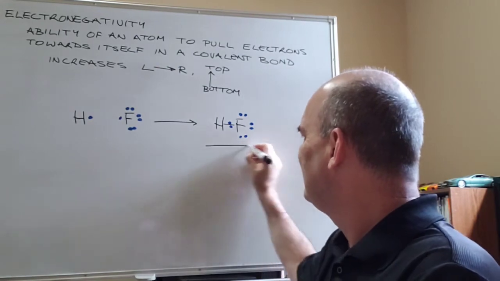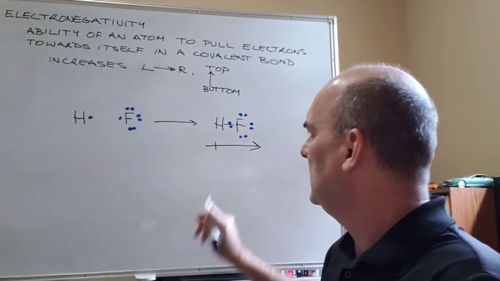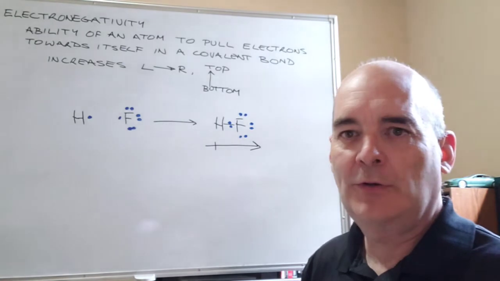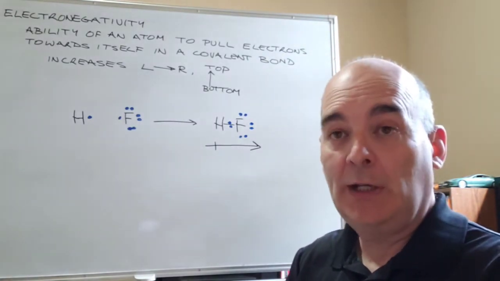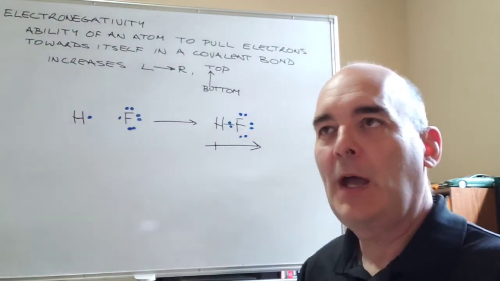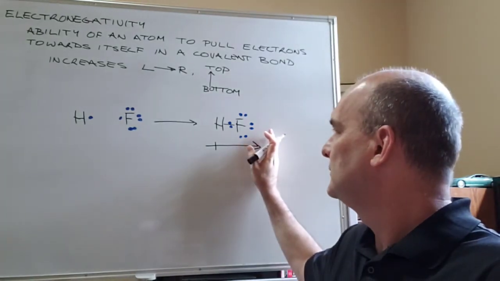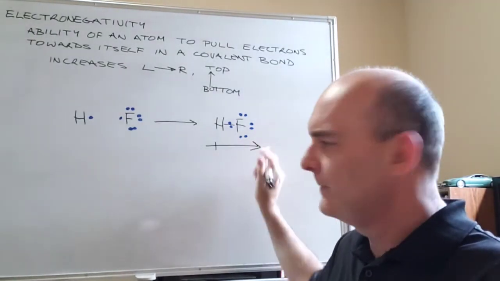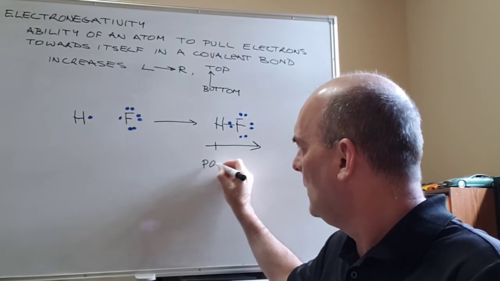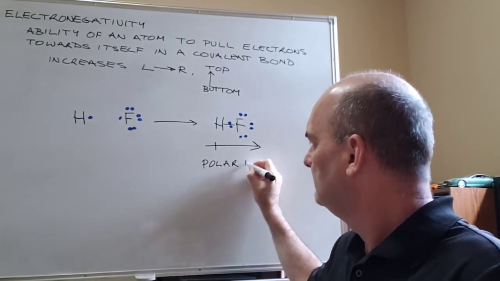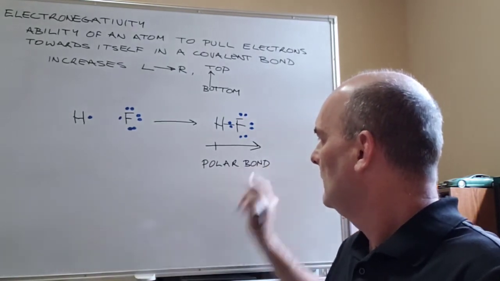So the fluorine is pulling electrons that it's sharing away from the hydrogen towards the fluorine itself. This makes this bond polar.